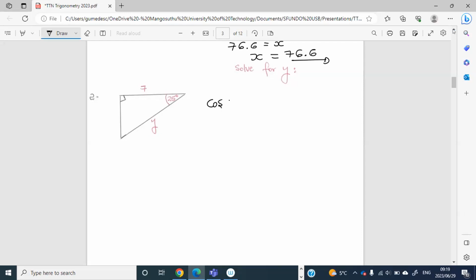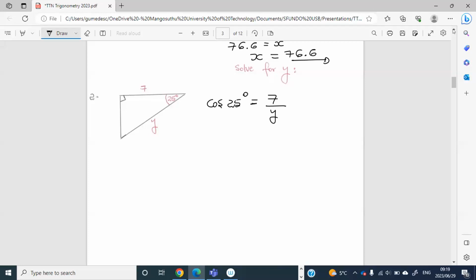So cos 25 degrees is adjacent, 7, over hypotenuse, which in this case is y. And we want to solve for y. So what you can do here is multiply by y both sides.